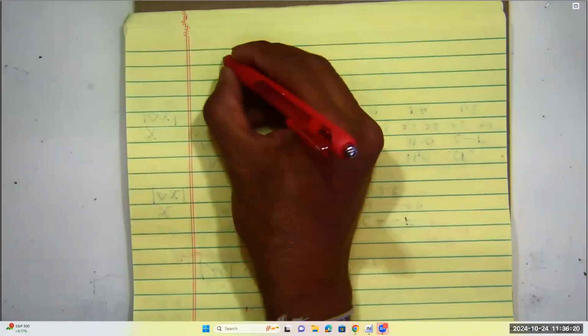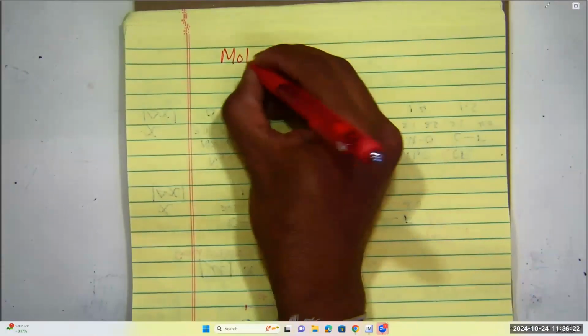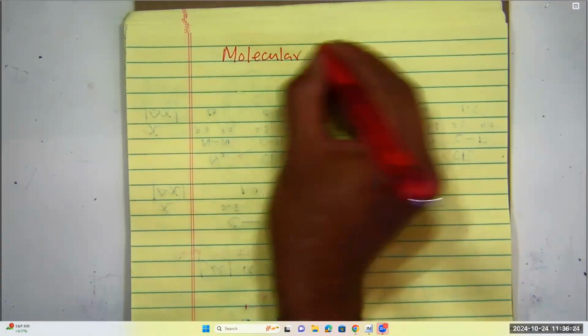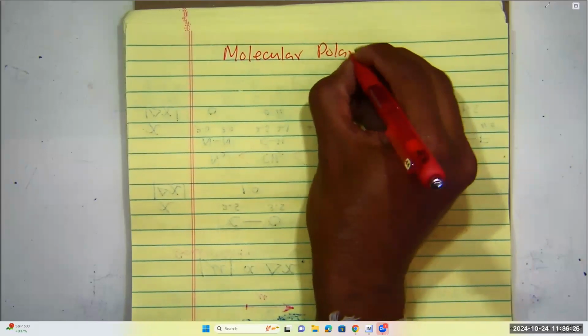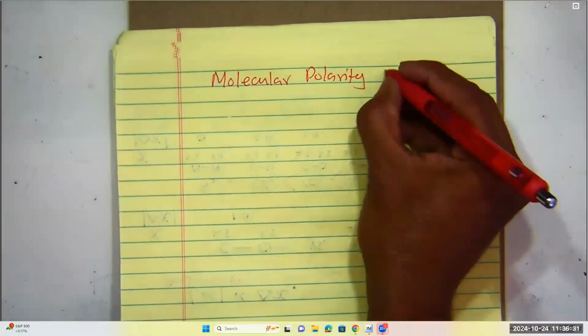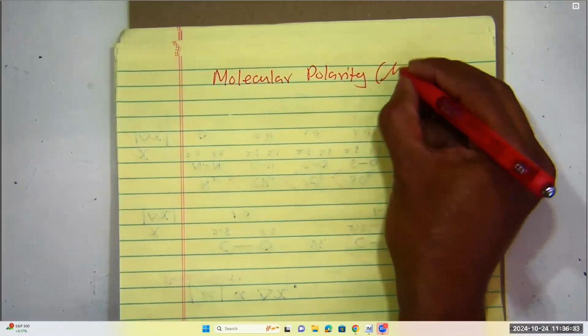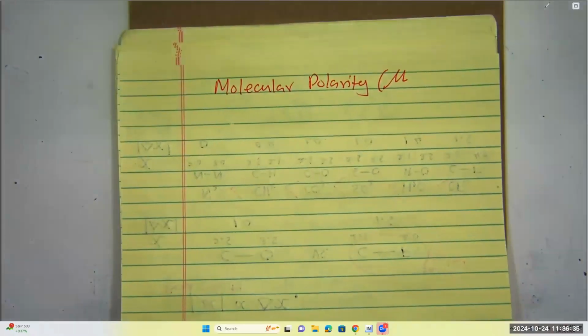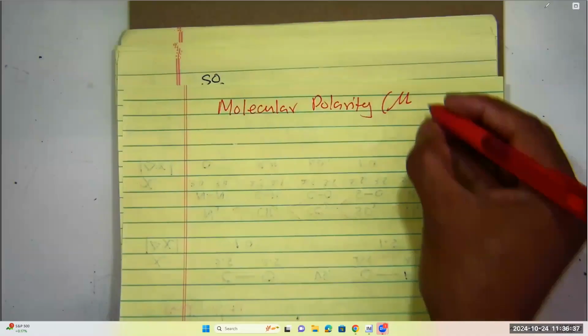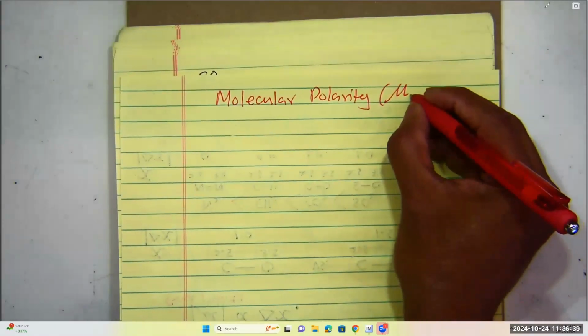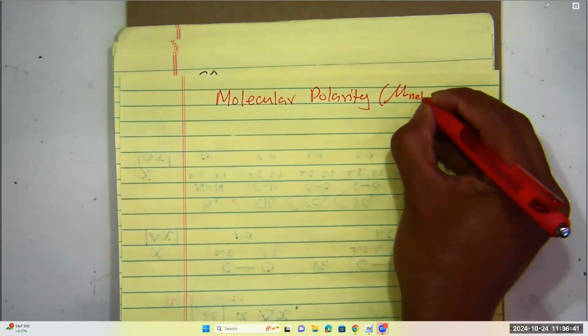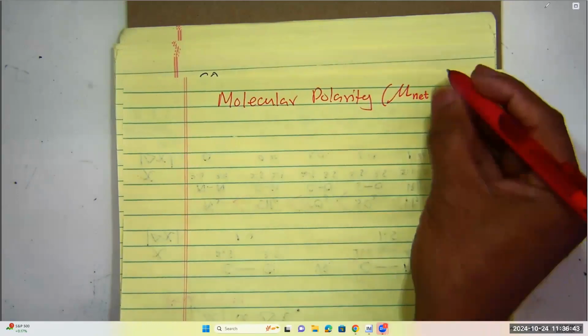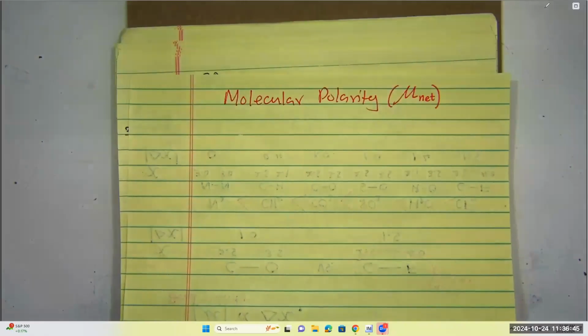So let me write this down. Molecular polarity. For this, I'm going to give the Greek letter mu, but I already used mu for bond polarity. So I'm going to call this mu sub net, or net dipole moment, or mu net.